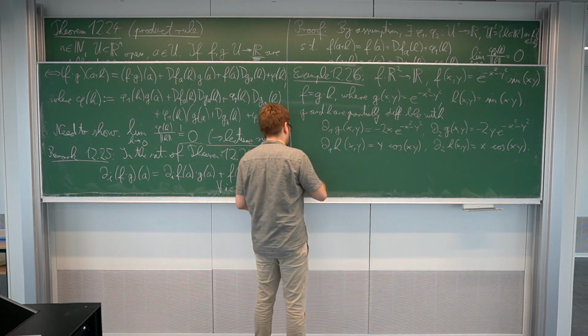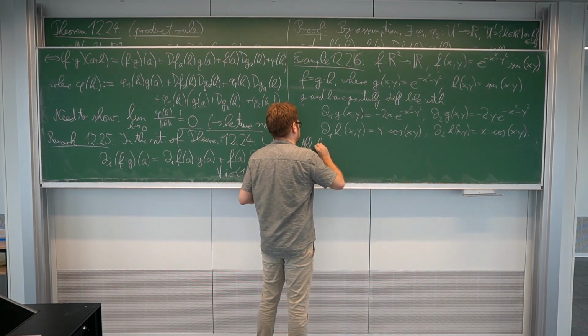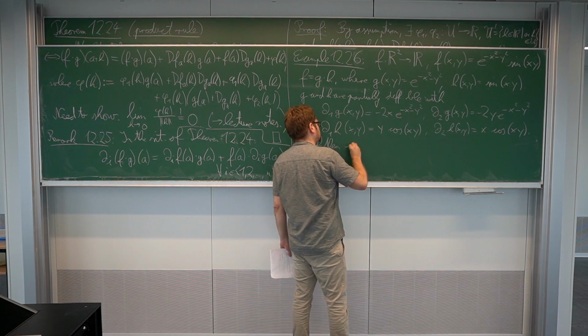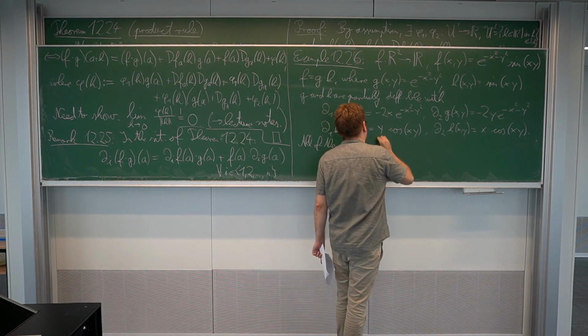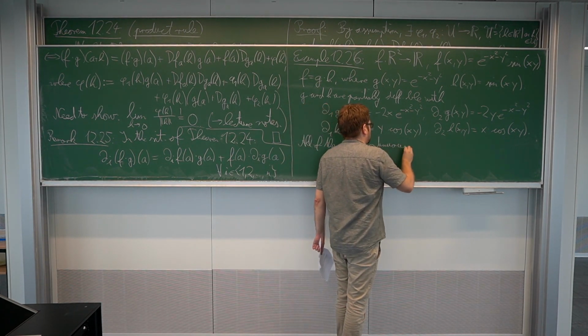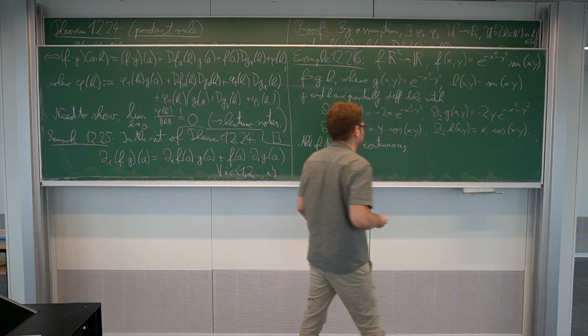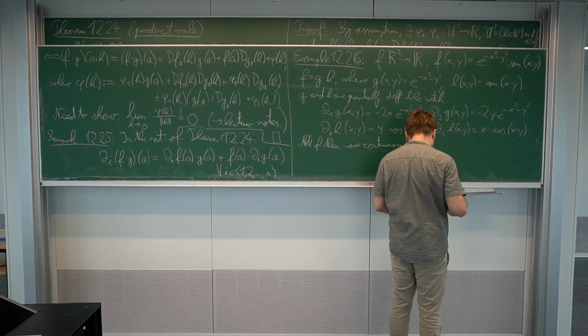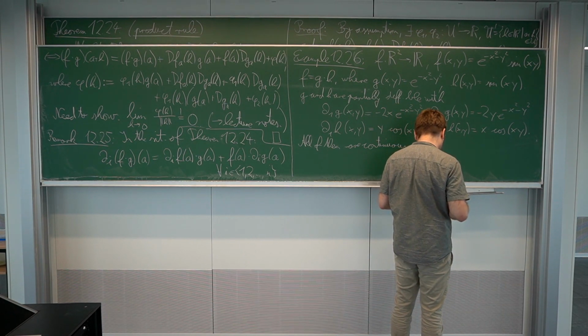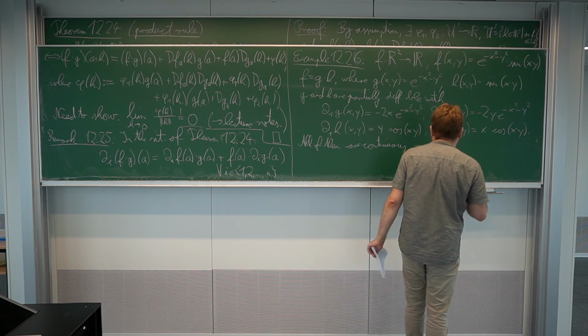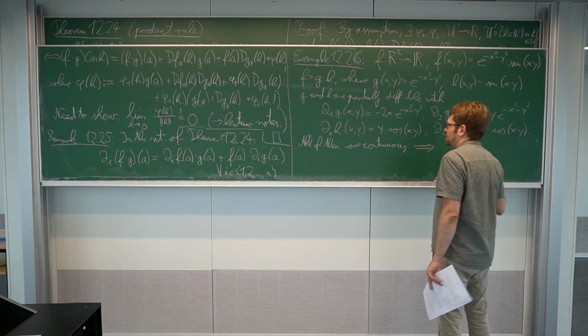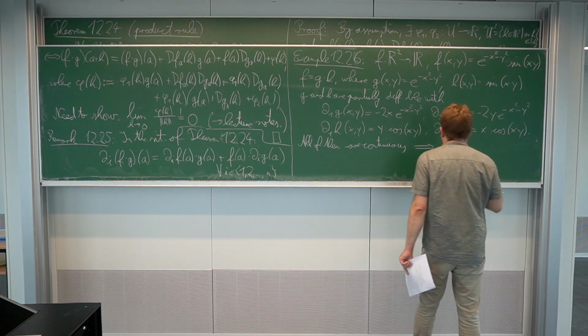So all of them are obviously continuous. So by the previous theorem, we have continuous partial derivatives. This implies that, by the theorem that we had, continuous partial derivatives imply differentiability.